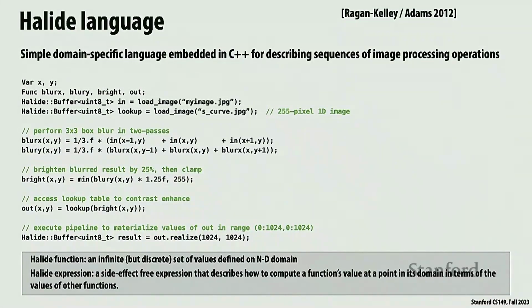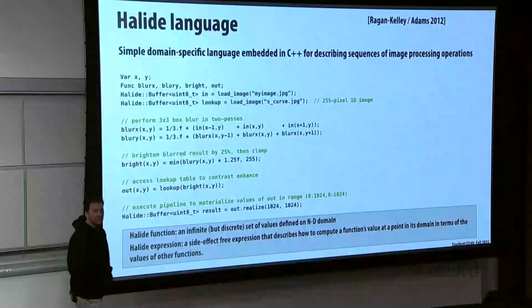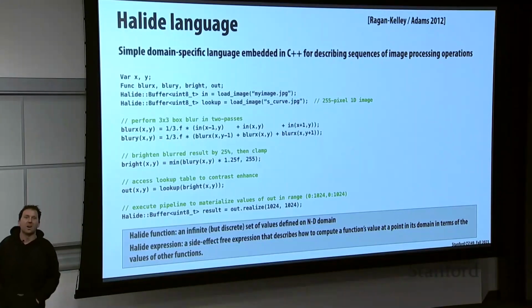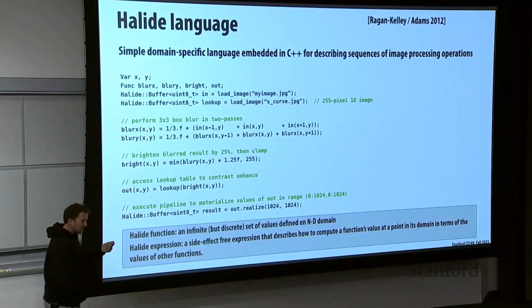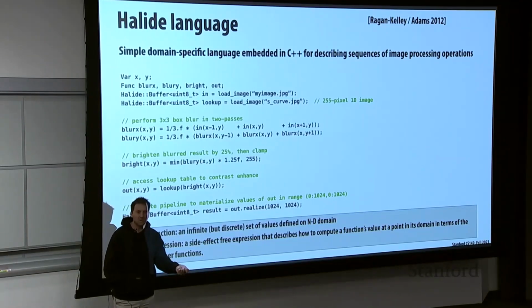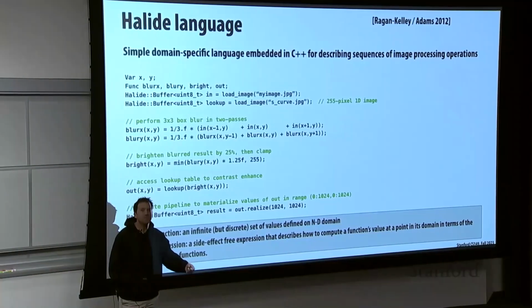And Halide is completely functional. So notice that there's no loops in this code at all. And Halide has a concept of what they call a function, because this is functional. But you could think about these things as tensors if you wanted to. So let me look at the code for you. So blur x is a function that's parameterized on x and y. In other words, blur x is a function that if you give me an x and a y value, the function will give you the value of the pixel at that x and y.